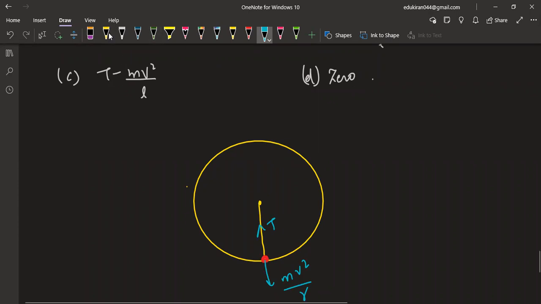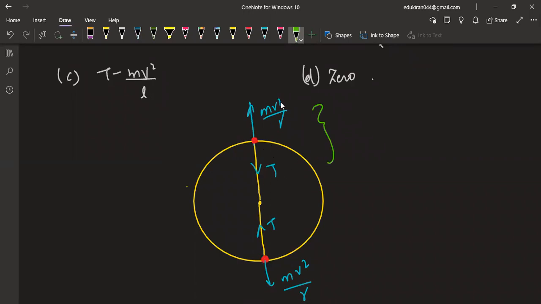Similarly, when it reaches this part, tension will be acting here. Outwards, mv square by r will be acting and the particle will be residing here. So if force is asked for this part, tension is downwards, here also mv square by r, and here you have mg.